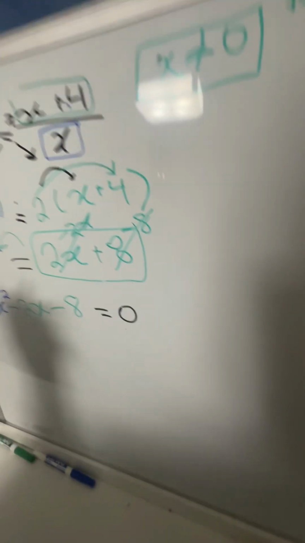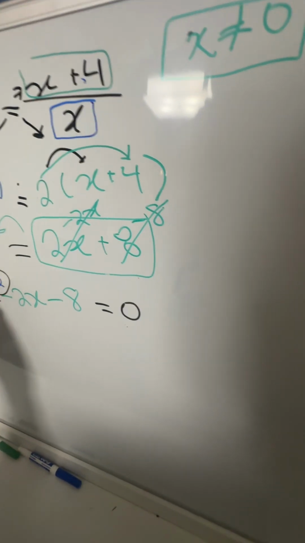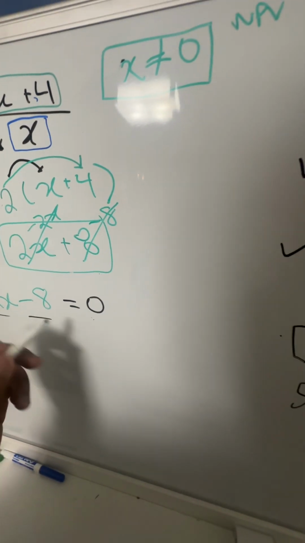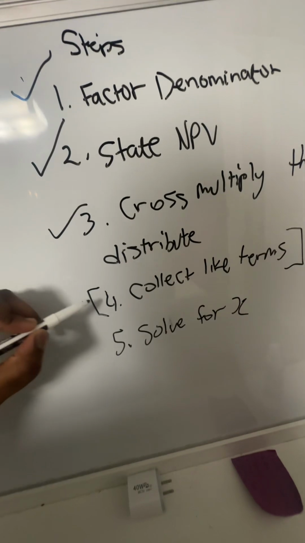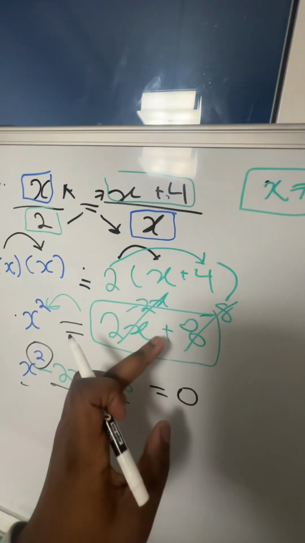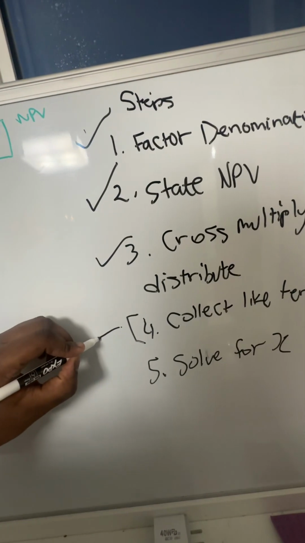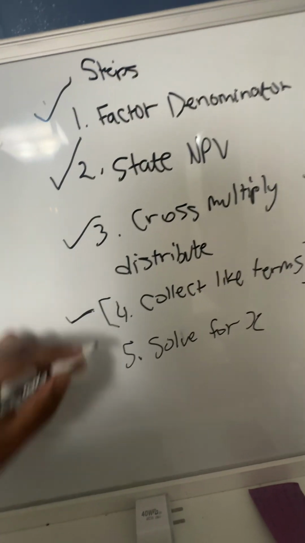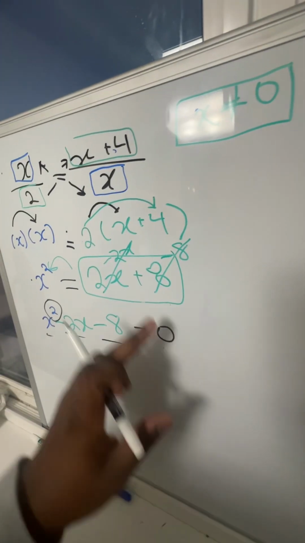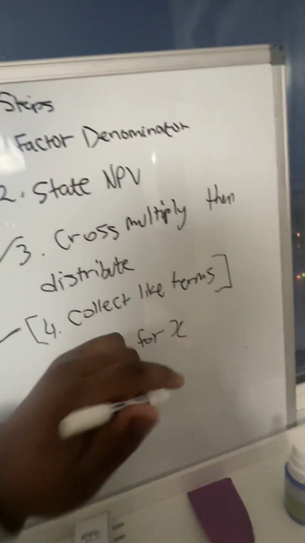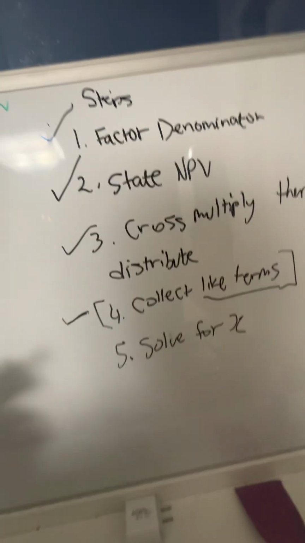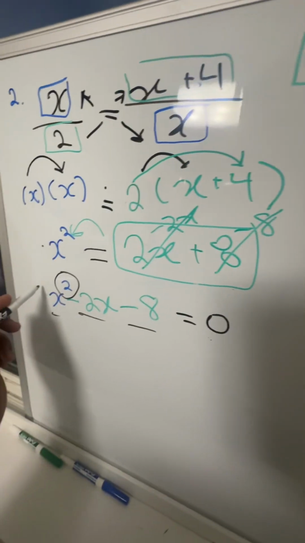A quadratic equation is basically when you have x squared something something. So you only collect like terms if you have similar things, but if not, you move everything from one side to this side, and you get 0. So this is basically checked, but I just moved this to the other side because there were no like terms to collect because these are all different.